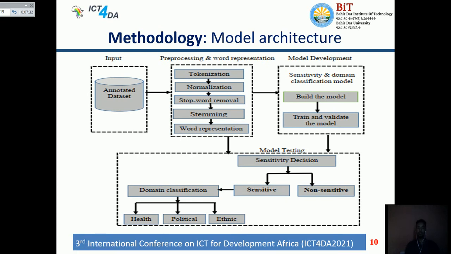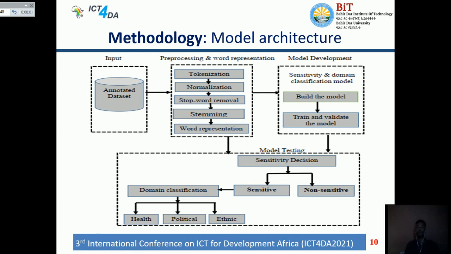Text pre-processing operations like tokenization, normalization, stop word removal, and stemming were applied first on the model development dataset. Next, word representation or word embedding models were trained, and thirdly, the model was built, trained, and validated.